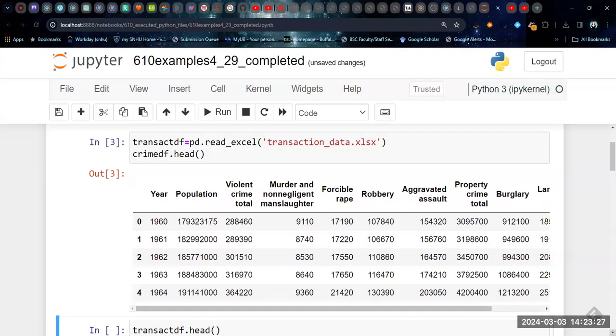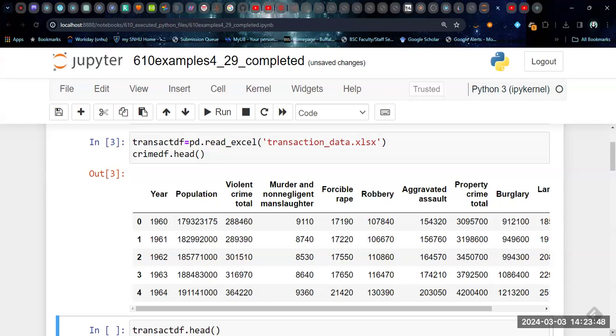And the counts generally are not great to work with because, of course, as the population goes up, even if crime stayed stable as a percentage of the population, you could expect that the number of events would also go up.